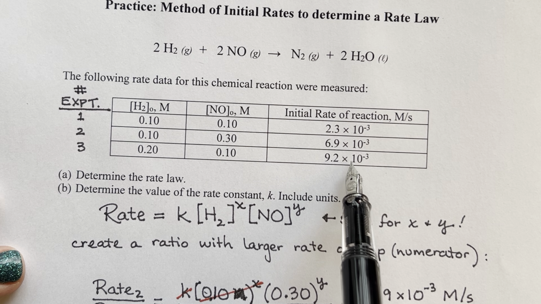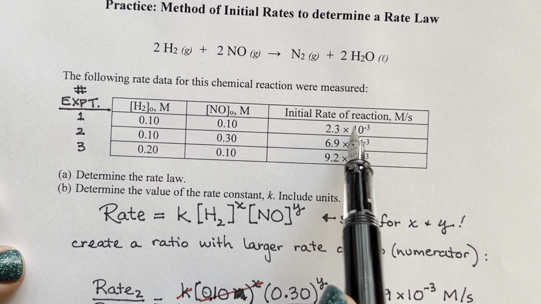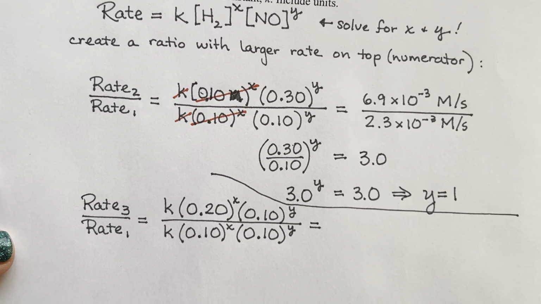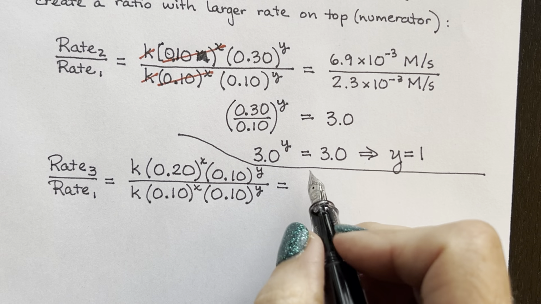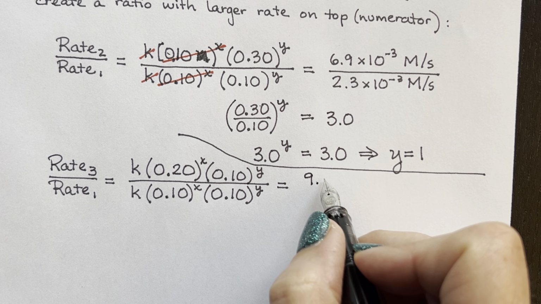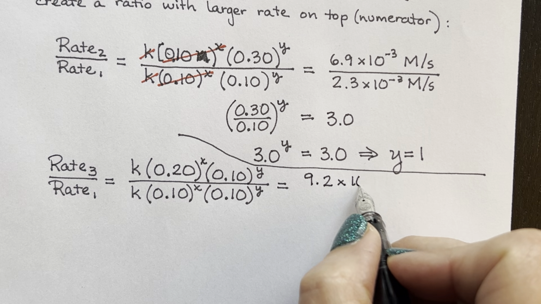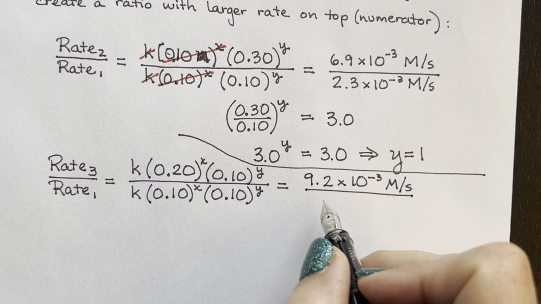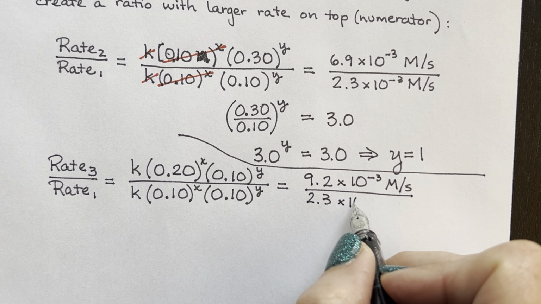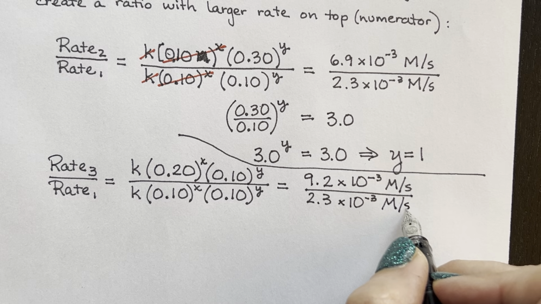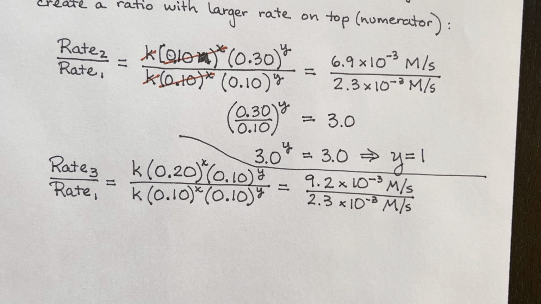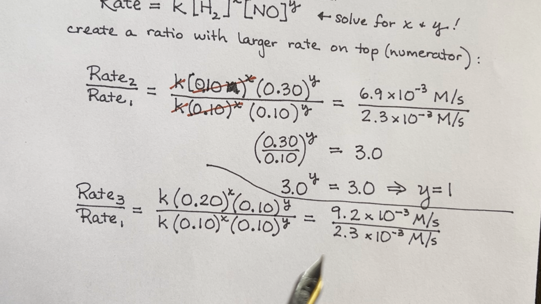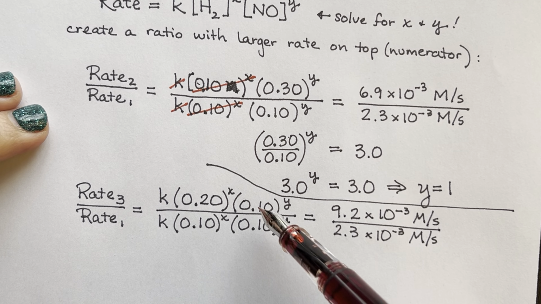So we're going to have 9.2 times 10 to the minus 3 divided by experiment 1, which gave 2.3 times 10 to the minus 3 molar per second as the rate. Just looking straight from the experimental data that was given: 9.2 times 10 to the minus 3 molar per second, over 2.3 times 10 to the minus 3 molar per second. Let's look again at how we can cancel some things out.